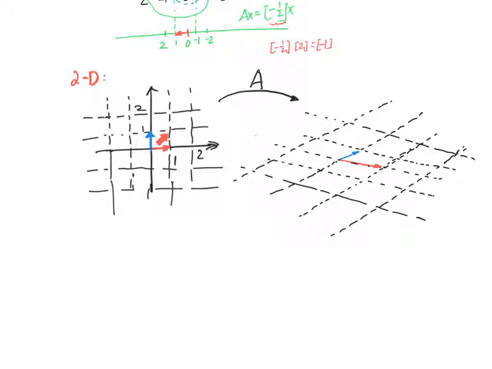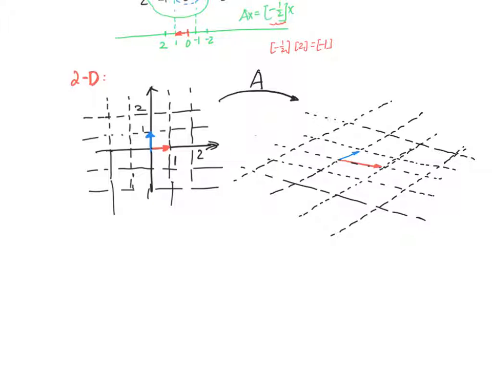So for instance, this point 1 and 1 will be mapped to this point, and this point 0, 2 will be mapped to this point. Okay, and 2, 0 will be mapped to somewhere here because I know it's just twice of this red vector.